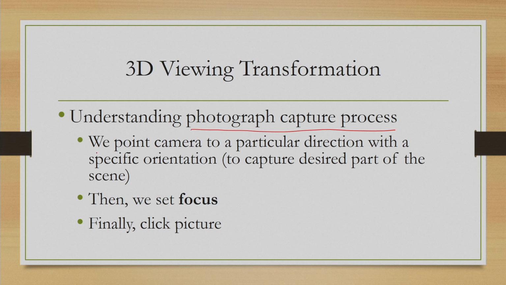First, we point the camera to a particular direction with a specific orientation, so that we can capture the desired part of the scene. Then we set focus and finally we click the picture. These three are broadly the stages that we follow when we capture a photo.